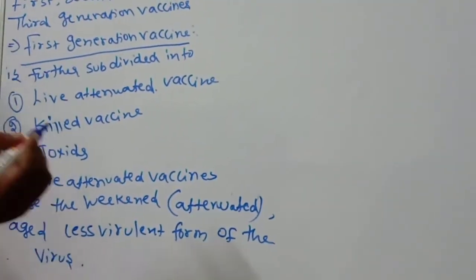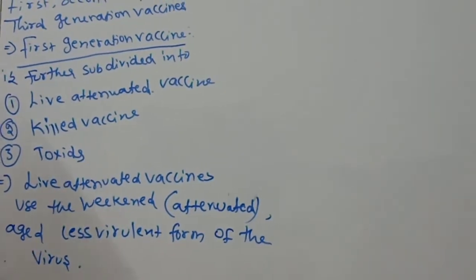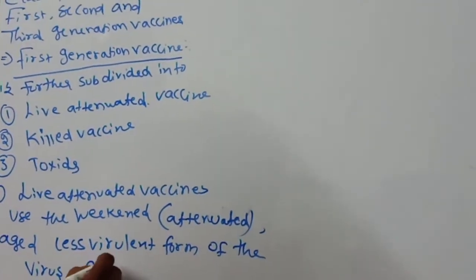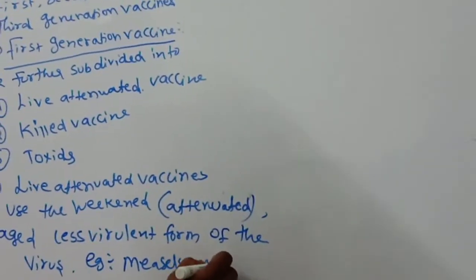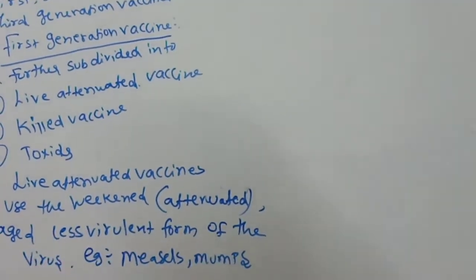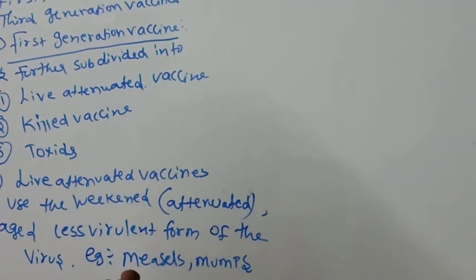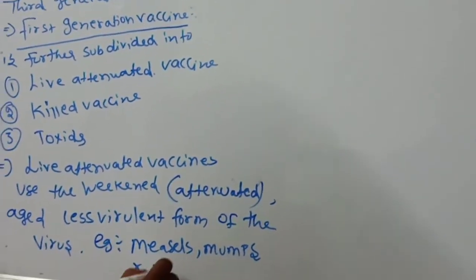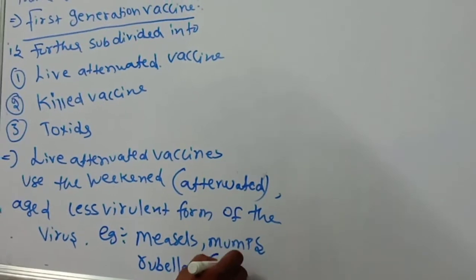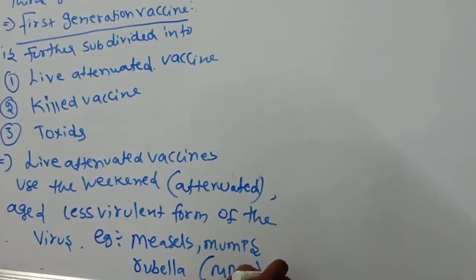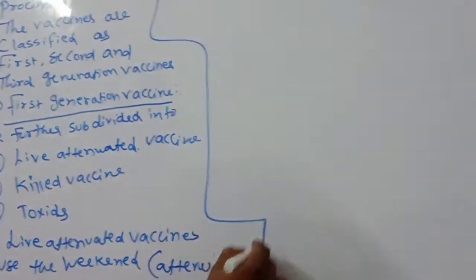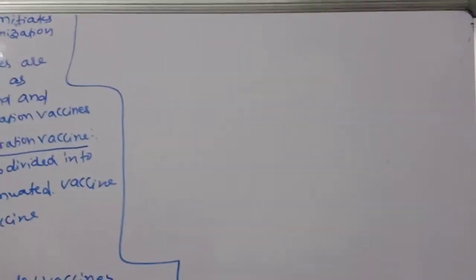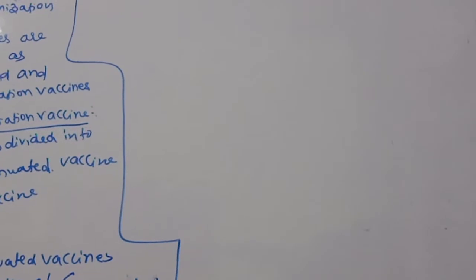Okay, children, this is important. Examples: measles, mumps, rubella, means MMR vaccine. Okay, children, that is first generation vaccine we are discussing.